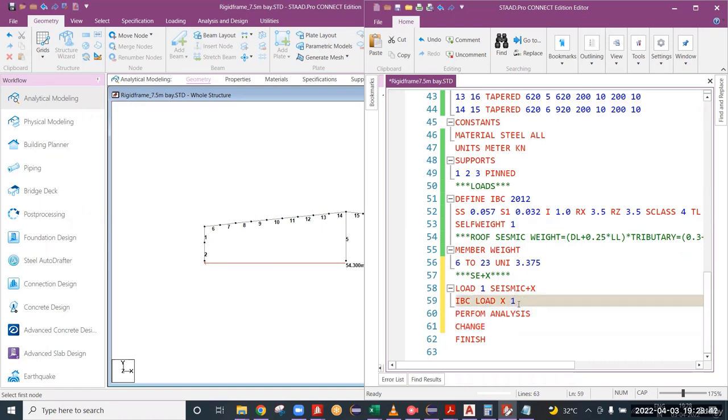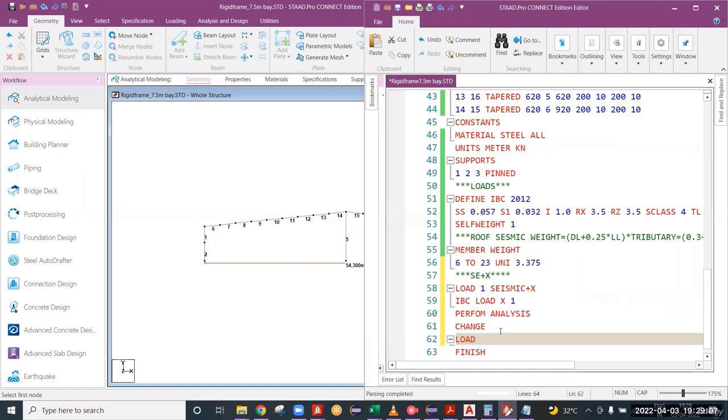Positive x direction and negative x direction will not occur at a time. One by one it will occur, right? So first it has to perform analysis, whatever the behavior of the structure due to this load, and then it has to change for load case 2.